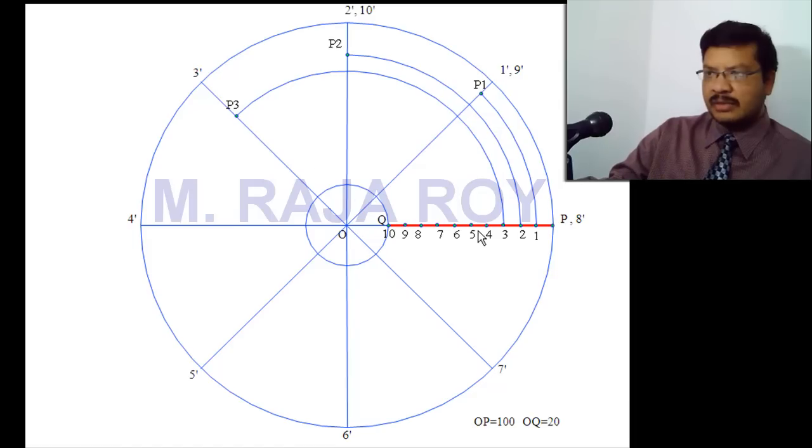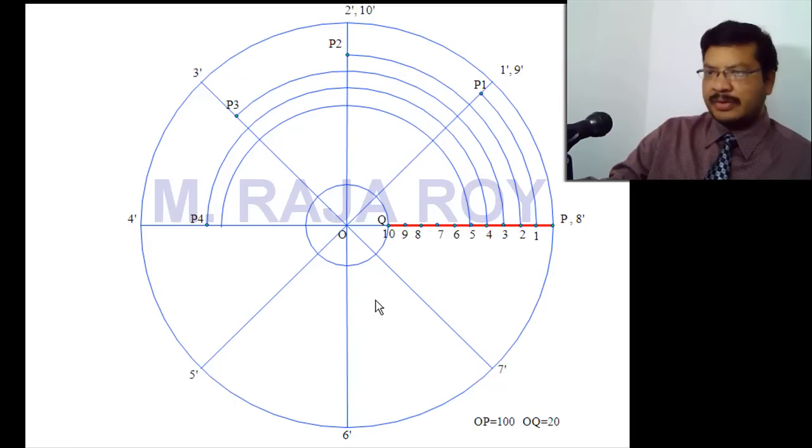Next, take O as center, O4 as radius. Always the center is O only. Draw an arc until it intersects with the O4 dash line. This point is P4. Next, again take O as center, O5 as radius. Draw an arc.